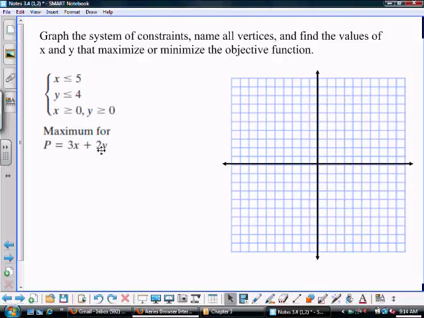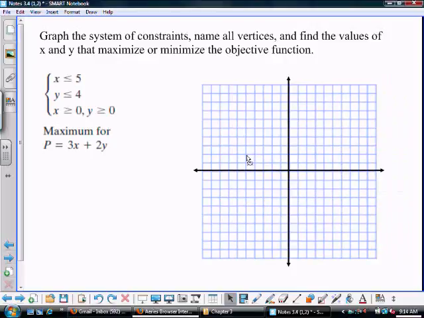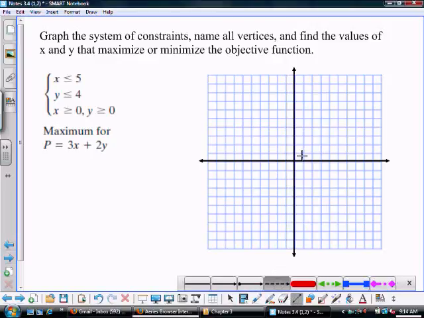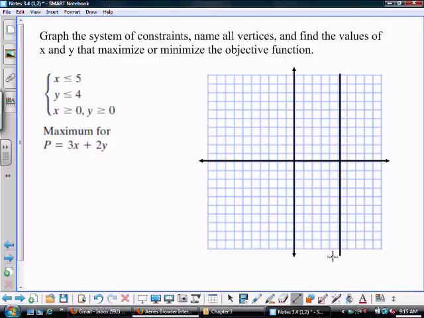Okay, so first off, I'm going to graph these inequalities. First, x is less than or equal to 5. That is a vertical line at x equals 5, and I need it to be solid, don't I? 1, 2, 3, 4, 5. That's pretty close. Okay.